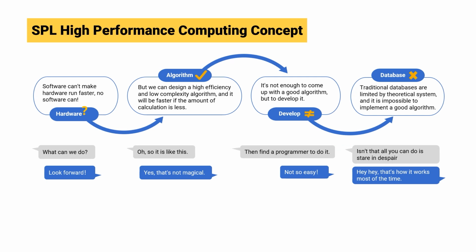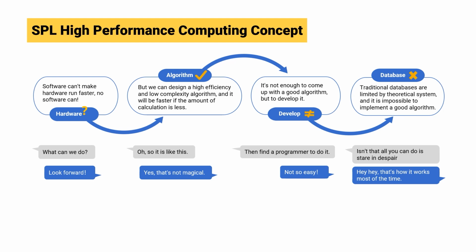We know that software cannot change the computing performance of hardware, and it always takes such a long time for a CPU to perform 100 million calculations, but we can design good algorithms with low complexity, so that computers can perform fewer basic operations, reduce computational complexity, and naturally increase speed. However, just coming up with a good algorithm is not enough.